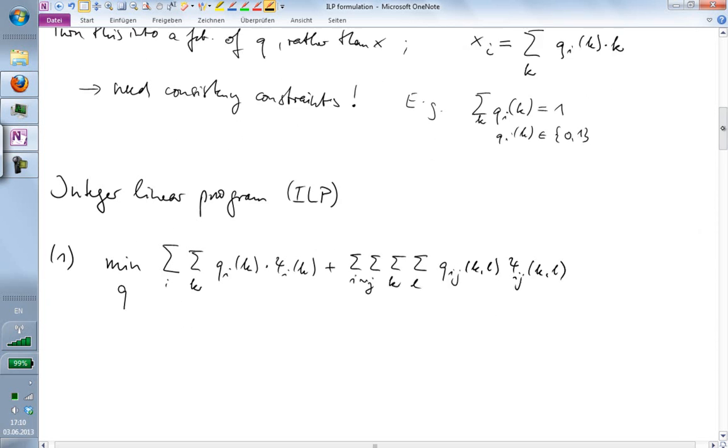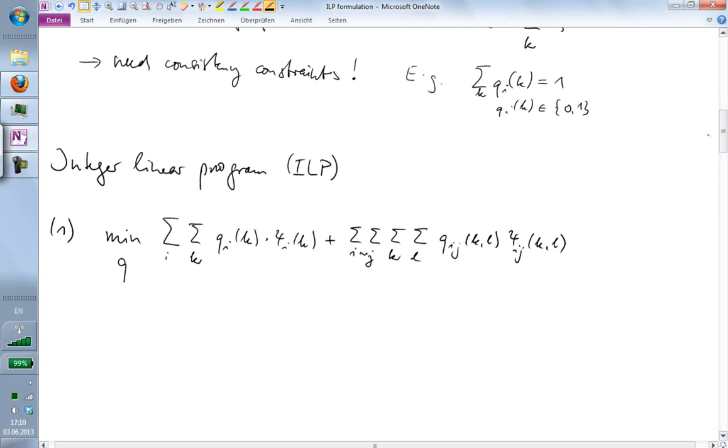And now come the consistency constraints. So I want to minimize this such that my single side indicator variables are either 0 or 1. And this must hold for all vertices, and it must hold for all labels.